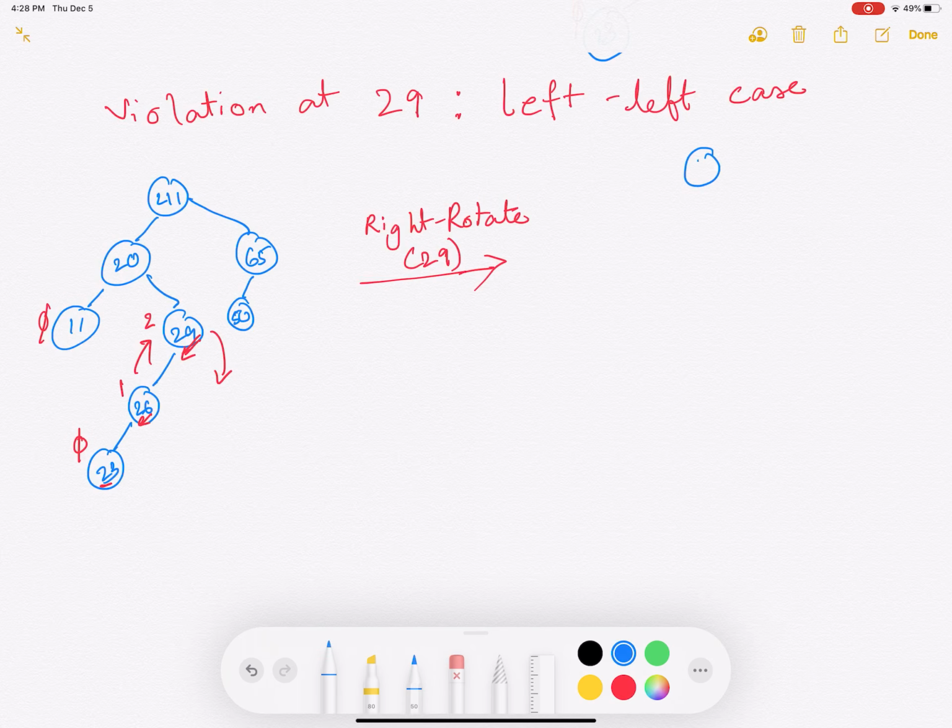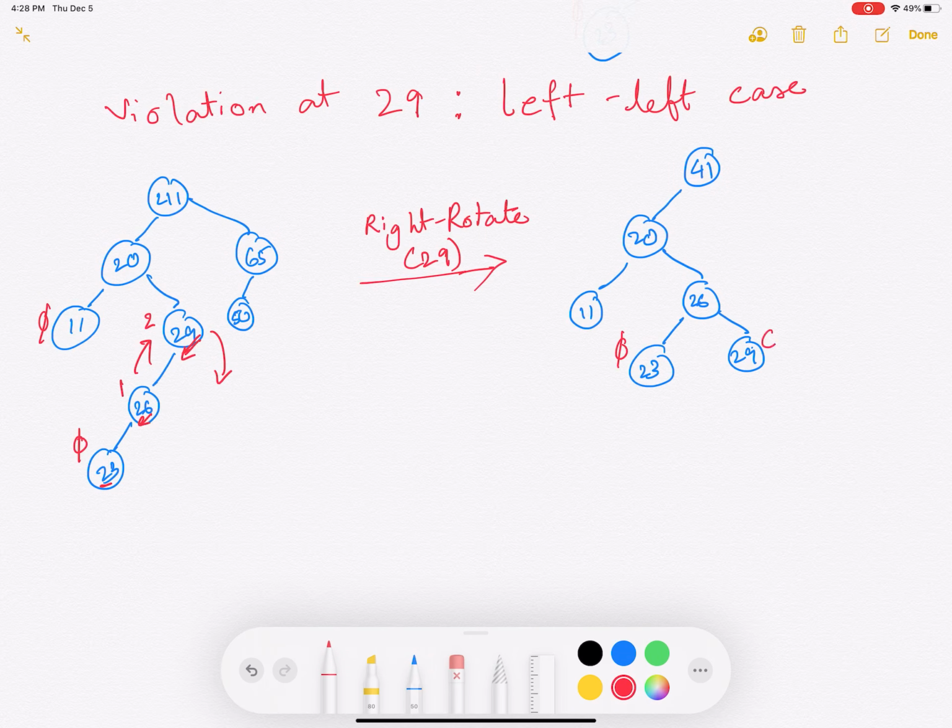So we'll have 41, 20, 11, 26 here, 29, and 23. If you put the heights, this is going to be 0, 0, just use red color for heights.